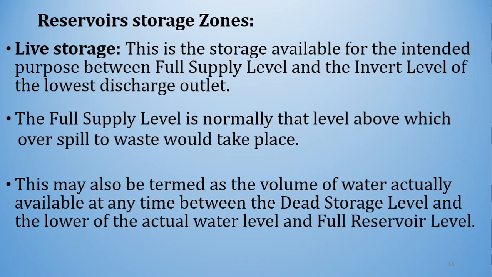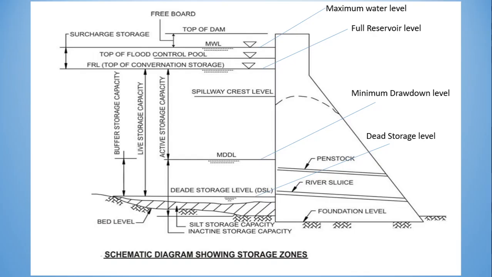This is the storage available for the intended purpose between full supply level and invert level of the lowest discharge outlet. The full supply level is normally that level above which overspill to waste would take place. So this is the live storage.